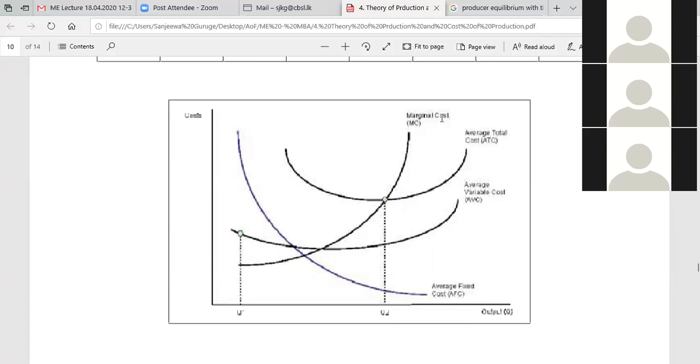Actually, this relationship is applicable not only between marginal cost and average cost, but also between marginal cost and average variable cost at its minimum. But the more important thing is between AC and MC.